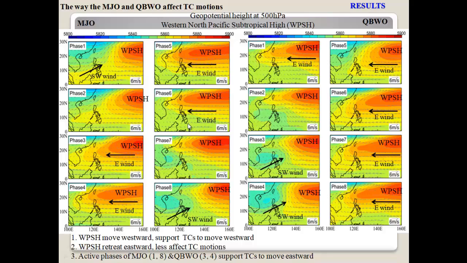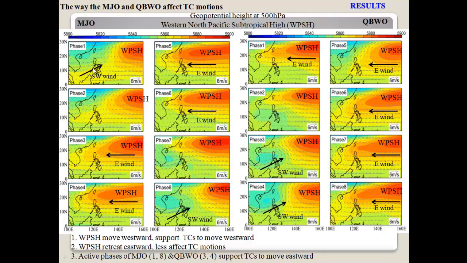This explanation is for the mechanism. We know the Western North Pacific subtropical high, WPSH, is very important to drive TC motion. In the active phase of MJO, phase 1 and phase 8, we have the WPSH retreating eastward, so the east wind is very weak.